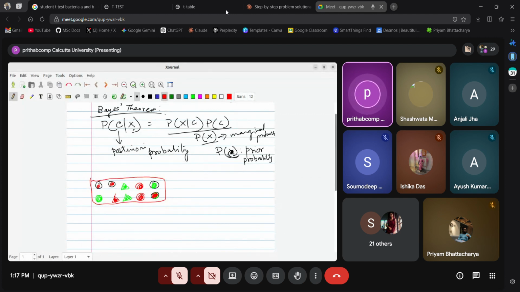So if I want to find the probability of how many stars are there, then it is very clear that, stars or triangles, let's say, I just draw that probability of these triangles.